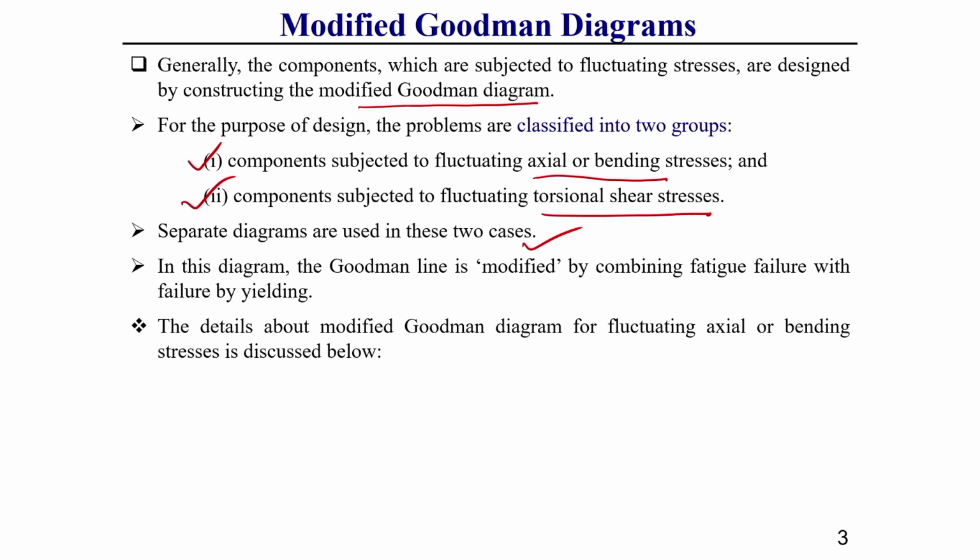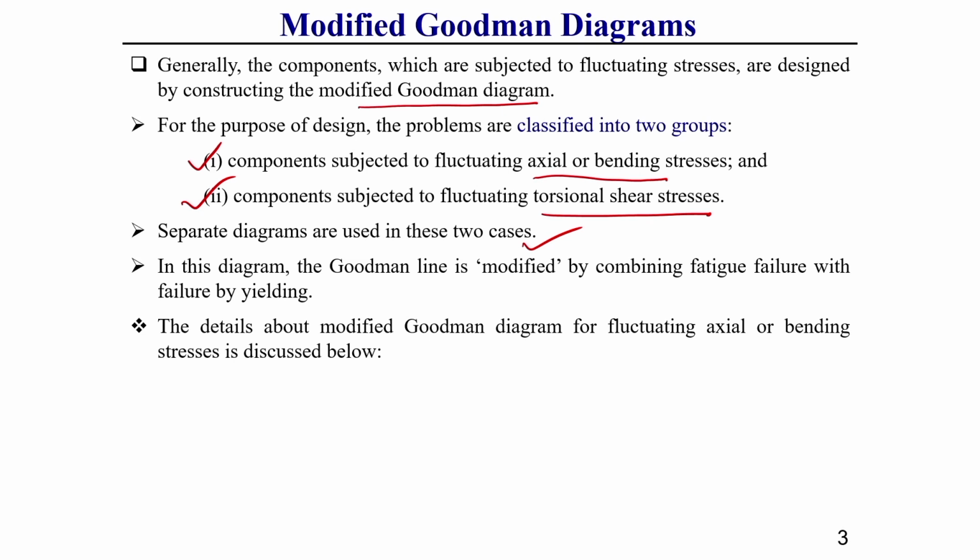I will discuss everything in detail one by one. The details about this modified Goodman diagram for fluctuating axial and bending cases are discussed in the subsequent slides. Here I am going to discuss how to draw this modified Goodman diagram.